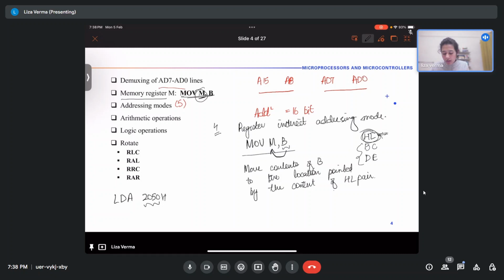That is why it's given a different name, memory register. I wrote it before the addressing mode, but first we need to understand what the addressing mode is. Then you need to understand that this is a very special kind of register pair, and it has a name. And wherever M is given, it means the HL pair is referred. Oh, okay, thanks.